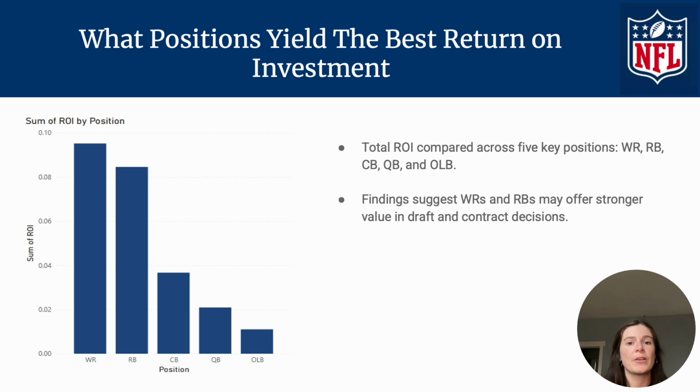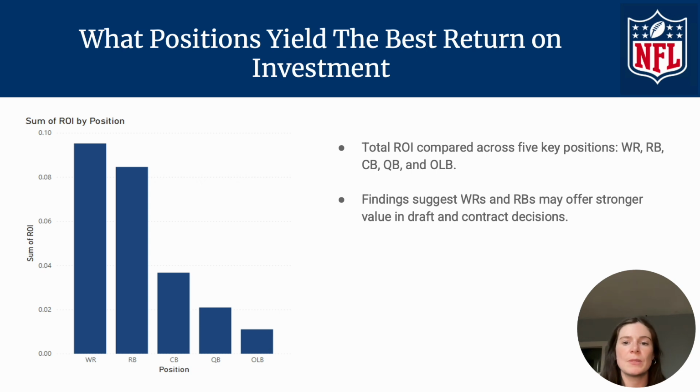To evaluate player value relative to financial investment of the different teams drafting them, we compared the number of career games played to the total contract value across 5 key positions, including wide receiver, running back, cornerback, quarterback, and outside linebacker. This approach allowed us to assess durability and longevity of those positions alongside the cost of the team's investment in each player.